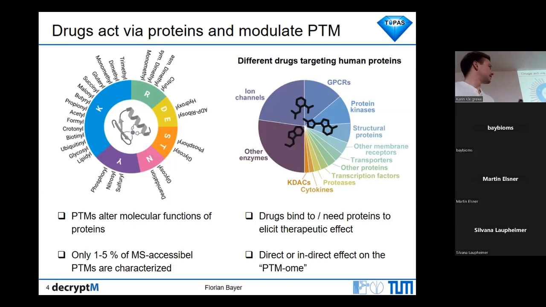These drugs are well established in the clinics, but we really do not know how they exert effects on a global proteomic scale. This is what Decrypting is about, because we want to understand this interplay between drugs and PTMs. When we learn more about the PTMs, we learn more about the drugs and vice versa.